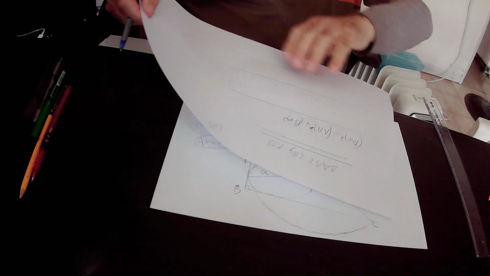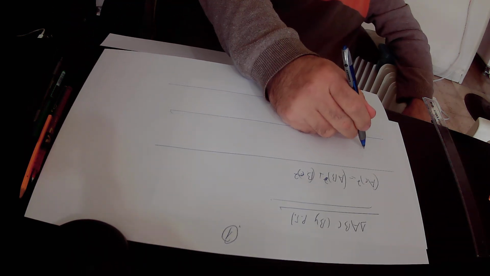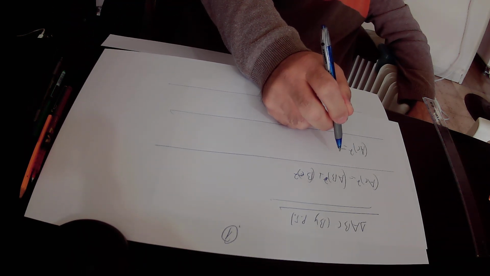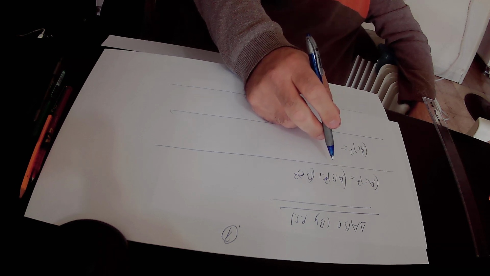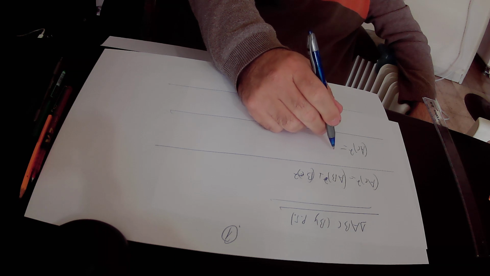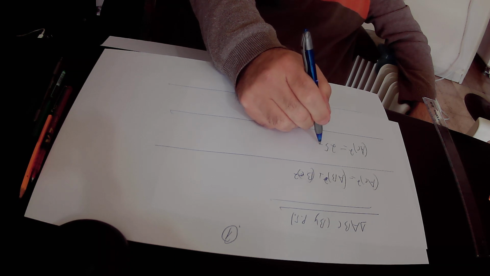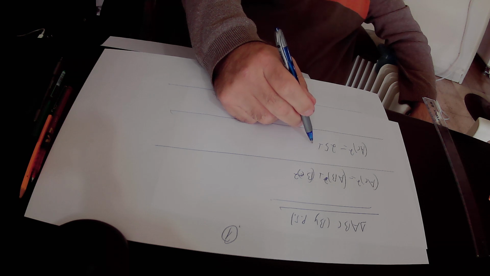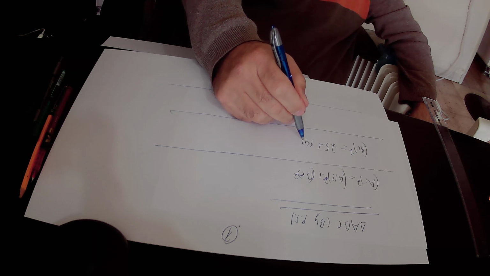So AC square equals AB square. AB is 5 according to what is given, therefore AB square is 5 squared, that is 25, plus BC square. BC is 12 according to what is given, therefore BC square is 12 squared, that is 144.